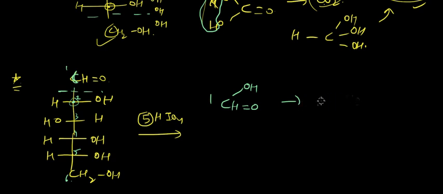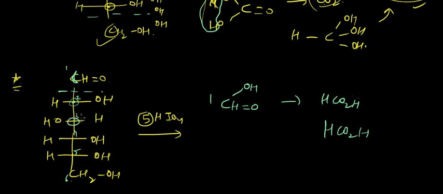So the first carbon atom would be having HCO2H. For the second carbon atom again we'll have 2 OH from the HIO4 cleavage, and 1 OH was already attached on the carbon atom, hence we'll have 3 OH, and whenever 3 OH are attached on one carbon atom, it would form a carboxylic acid, hence we'll be getting HCO2H for the second carbon atom as well.